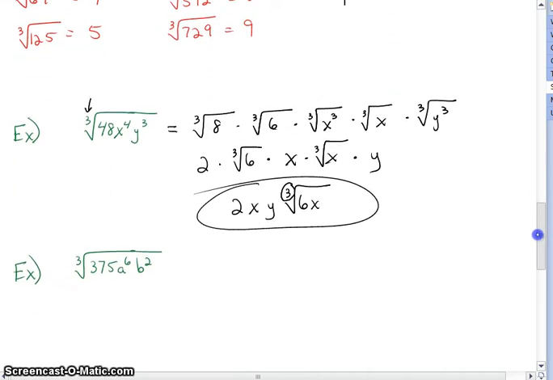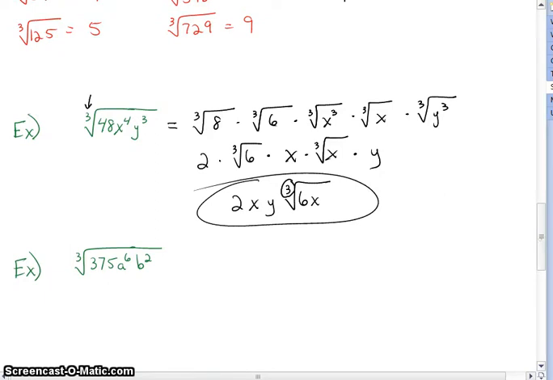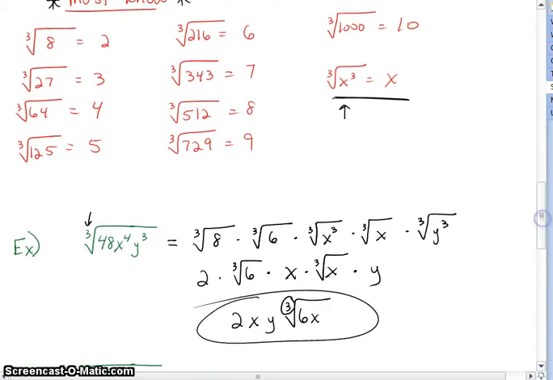Let's try another one. Cube root of 375. So is 375 on my list? No. But what can I break 375 into that is on my list? Hopefully you picked 125.